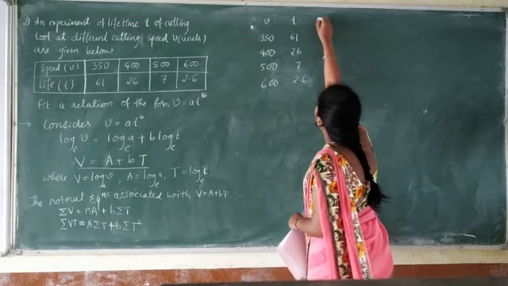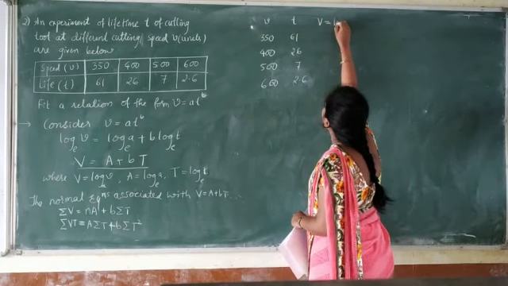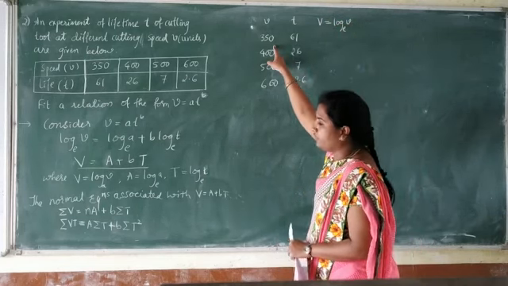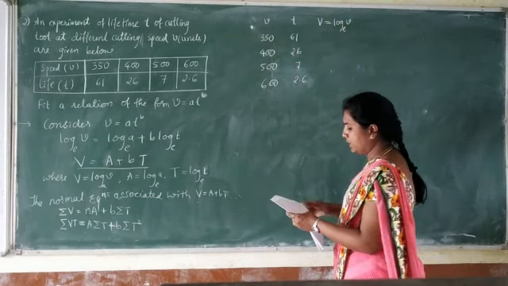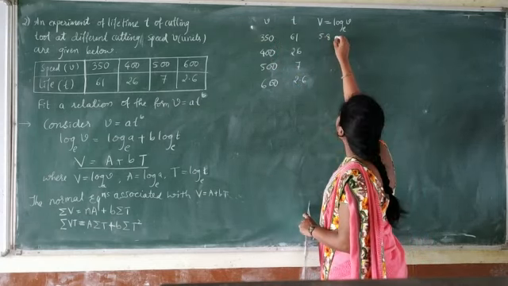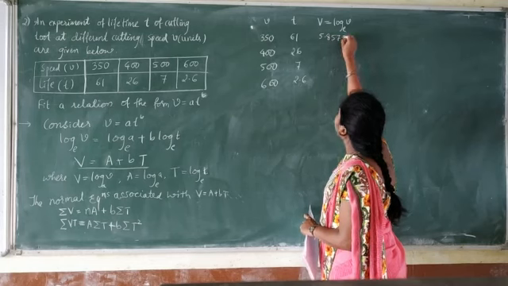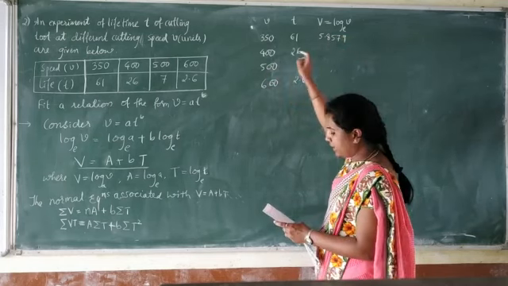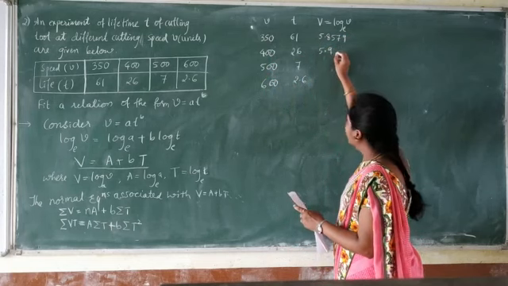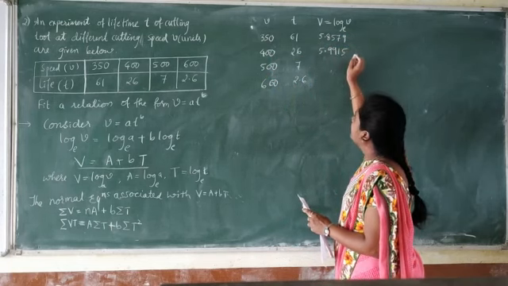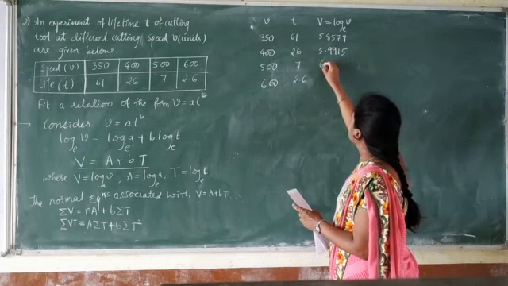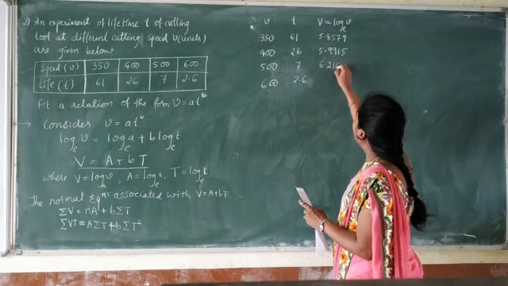First we will find capital V, which is log of v to the base e. That is log of 350, whose value is 5.8579. Next, log of 400 is 5.9915. Next, log of 500 is 6.2146.